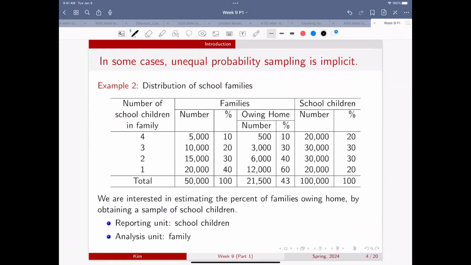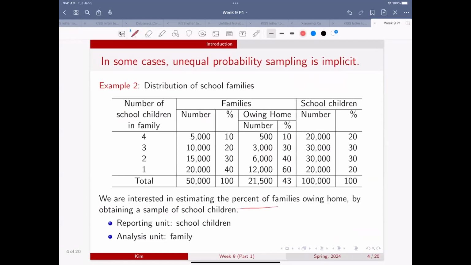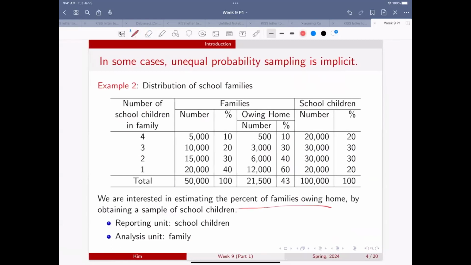Okay, so this is a small town, and you are interested in estimating the percent of families owning a home. But your sampling frame happens to be schools.